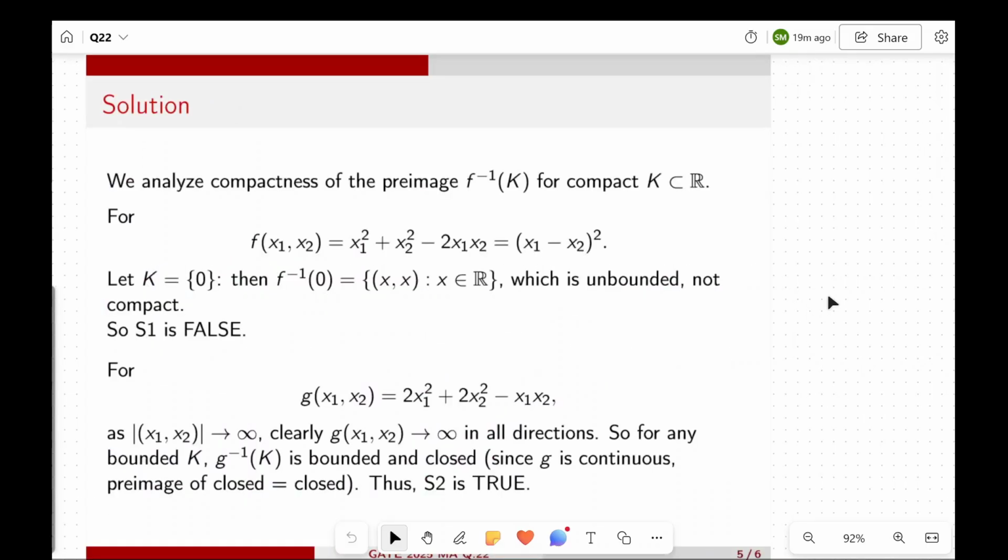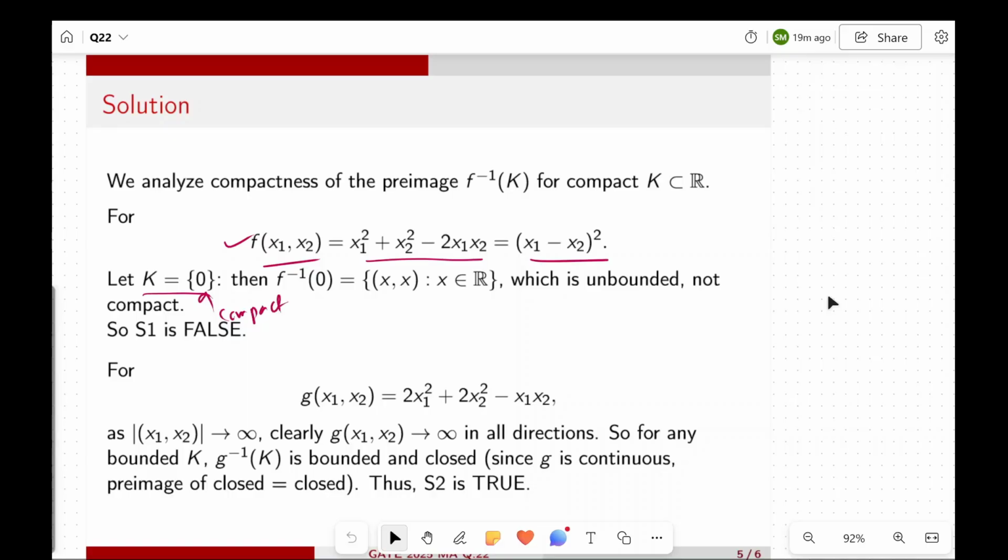Now the solution goes as follows. For the first function f, according to the formula, it can be written as (x - x1 - x2) whole square equals 0. Now take K equal to {0}; 0 is a singleton, so it is compact.